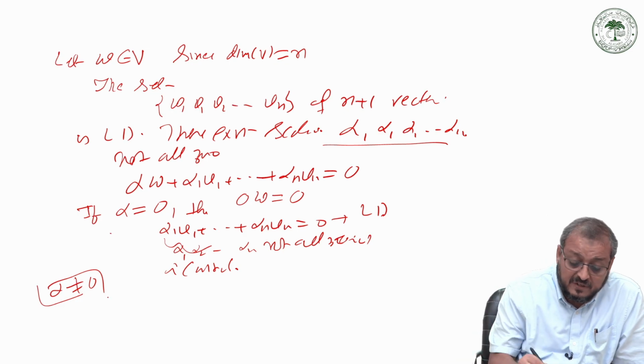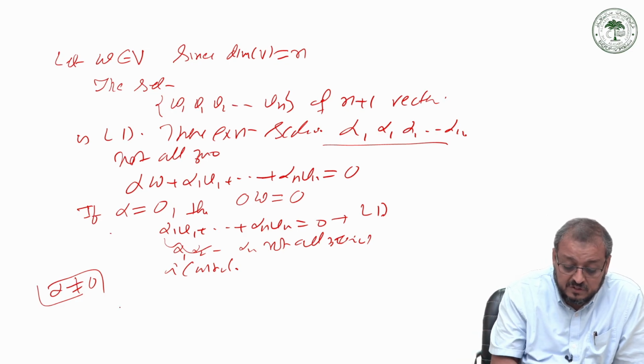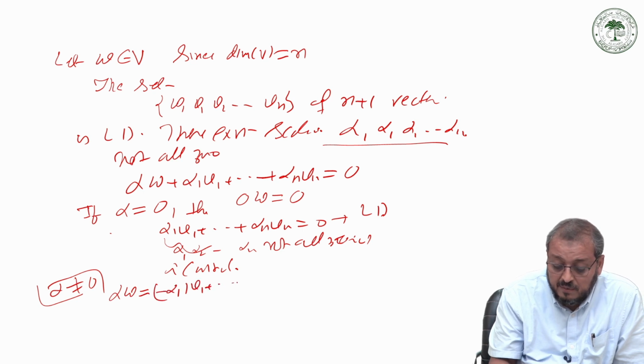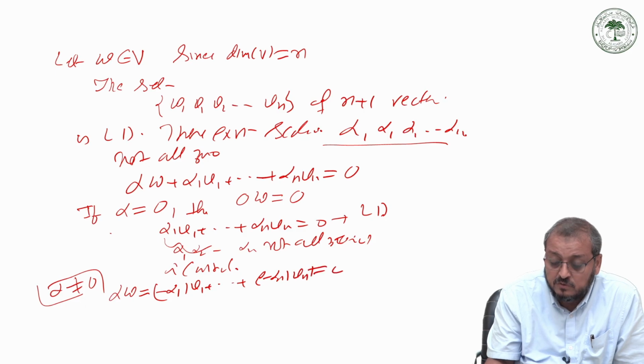If alpha is not equal to 0, then alpha w can be written as minus alpha 1 times v1 and so on, minus alpha n times vn.